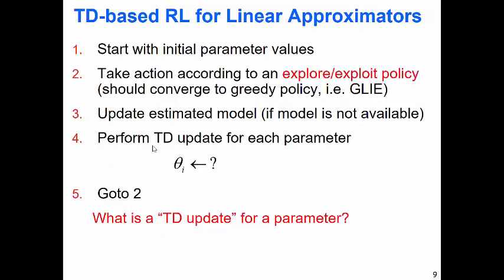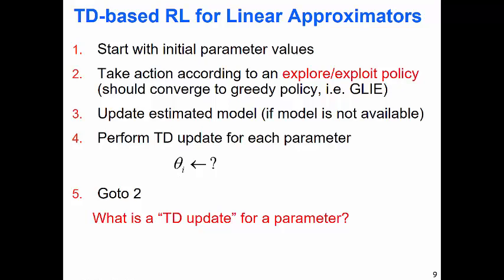To begin with, we're going to use the same type of RL loop that we've been seeing before. You have an explore-exploit policy, you take an action, you update a model if you are not only learning a value function. The different part here is that we'll have to adjust the parameter as opposed to adjusting V of S, for example. That's the new thing that we need to talk about now.